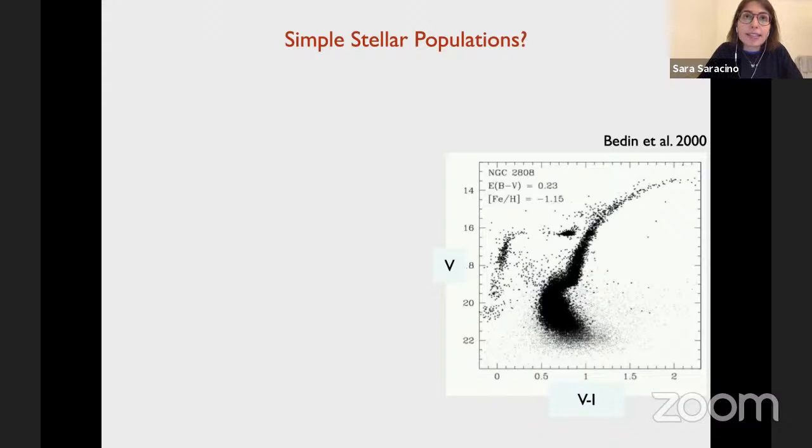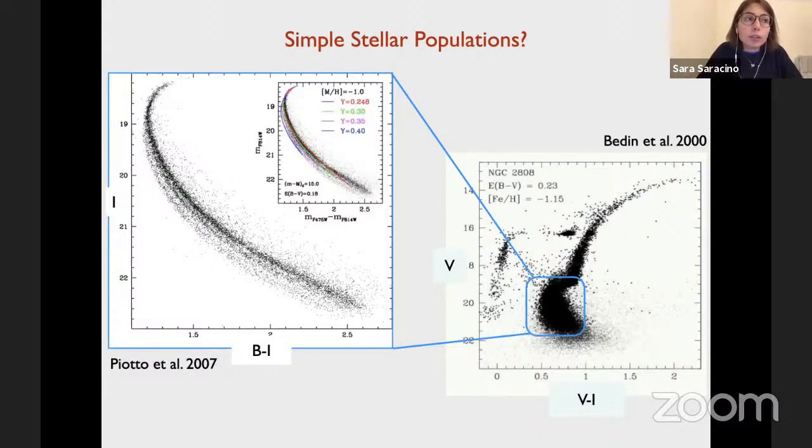But once people started to look more and more into the details of all these CMDs, they started to see multiple sequences or spreads in their evolutionary sequences. For example, this is the main sequence of NGC 2808, which is a galactic globular cluster. You see that in optical colors as well, once you have very good photometric accuracy, you start to see multiple sequences there.